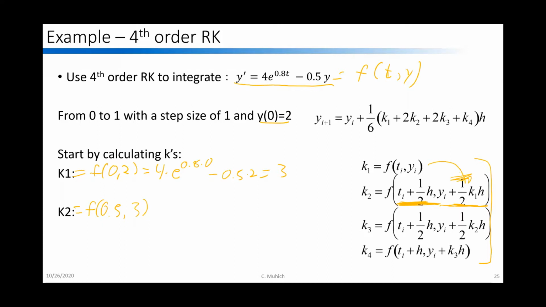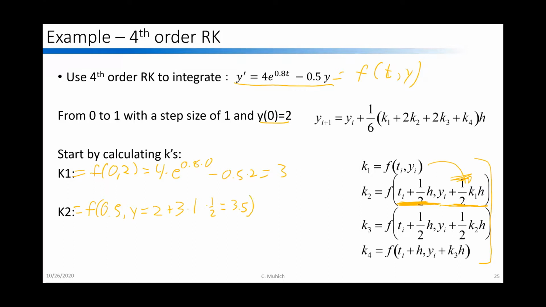To get that y, it's not 3, sorry. I need to actually put in the equation y equals 2 plus 3 times h times 1/2, remembering h is 1. So this equals 3.5.